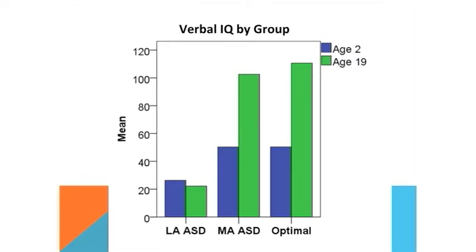This just shows you their verbal IQs at 2 and 19, and LA is less able. So if you go from blue at 2 to 19 is the green, you can see the less able kids, the verbal IQs remained relatively stable, whereas both the more able group, but who still clearly had ASD, and this very positive group made huge differences in IQ.